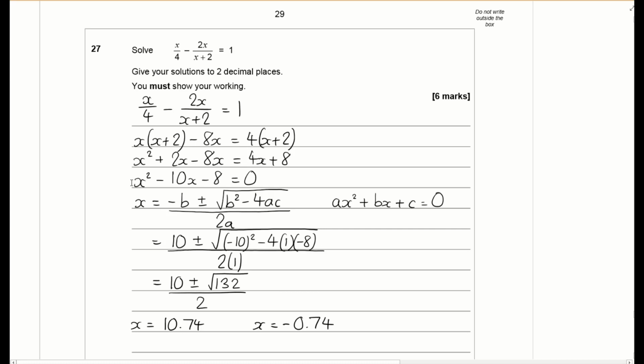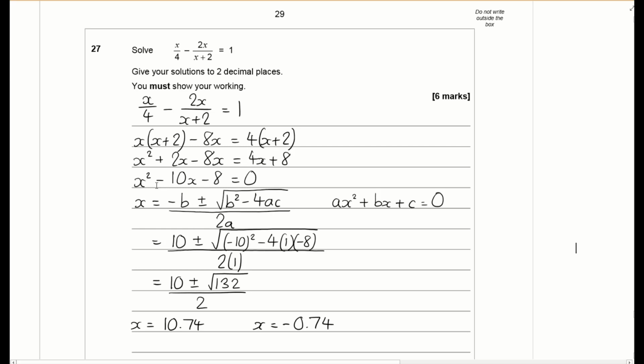You don't necessarily have to have the x squared term being positive, but it's just a standard way of presenting the quadratic. Now remember that a, b and c are the coefficients of x squared, x and the constant respectively. So a is 1, b is negative 10 and c is negative 8. Here's the quadratic formula which you must remember. X equals negative b plus or minus the square root of b squared minus 4ac all over 2a.